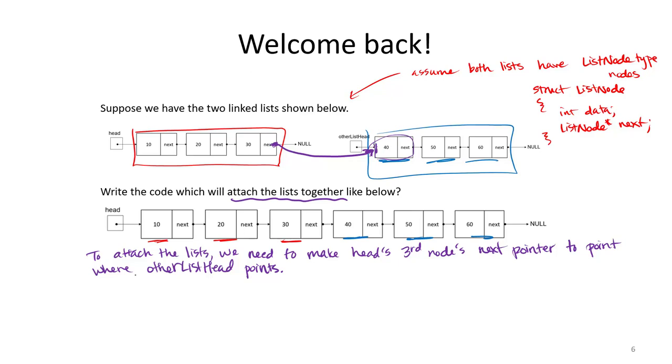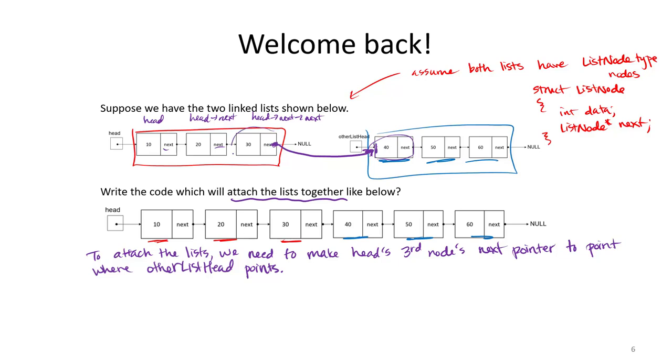We can actually accomplish this with a single line of code. Notice we need to use the arrow operator. This first node is where head points. Second node is where head arrow next points. Third node is where head arrow next arrow next points.